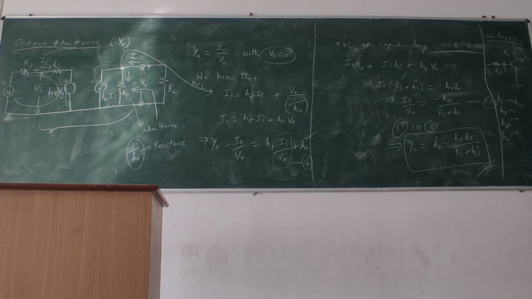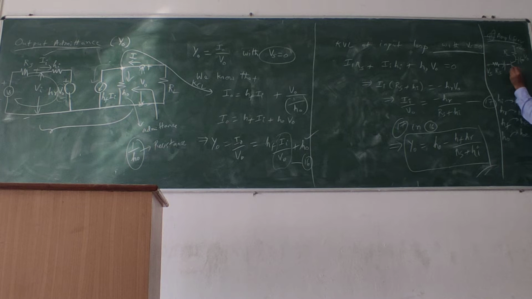HIE, common emitter. Okay? Next, HRE, HFE, HOE. Same mathematical steps, but you will no longer have HI, you will have HIE because this is common emitter. Clear? Okay. Next, what are the other modifications?